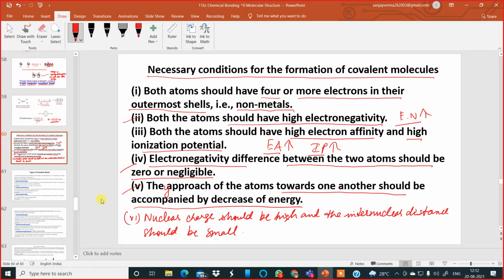The nonmetals which are small in size possess high nuclear charge. So this is also one of the necessary conditions for the formation of covalent molecules.